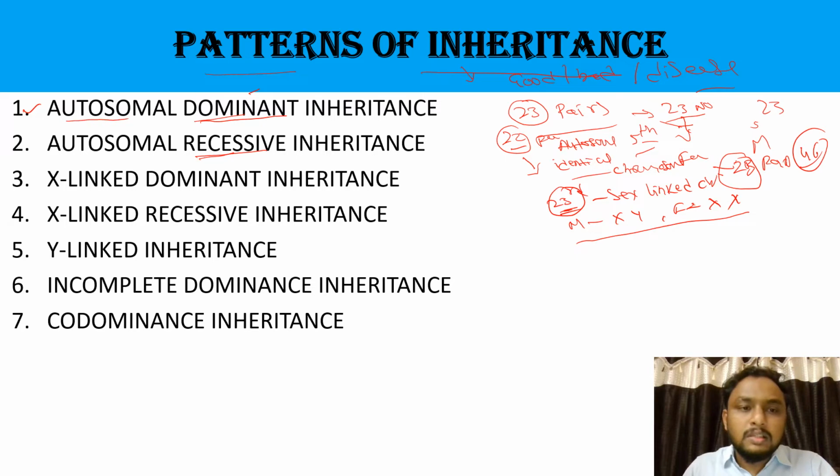Autosomal means any defect in the 22 pairs of chromosomes, not the 23rd. We are discussing the 22 chromosomes. Imagine, I am writing an example. Suppose in autosomal dominant, what is happening? Suppose there is a mother and father.